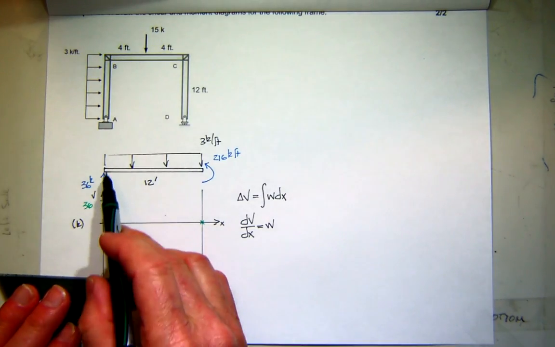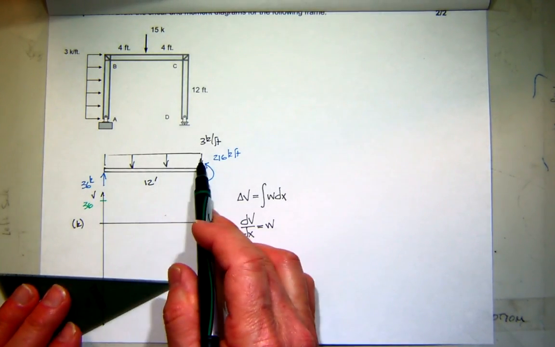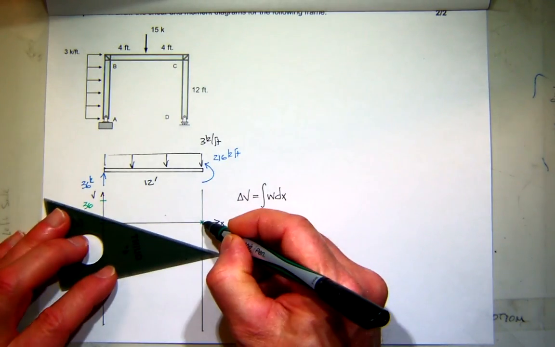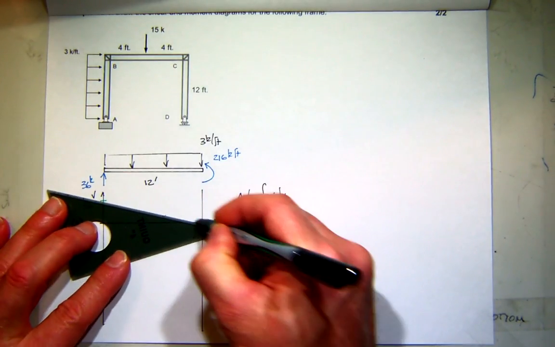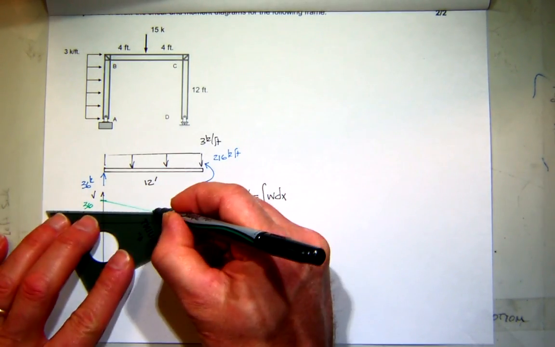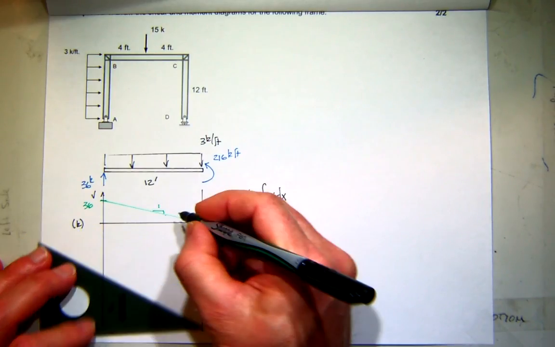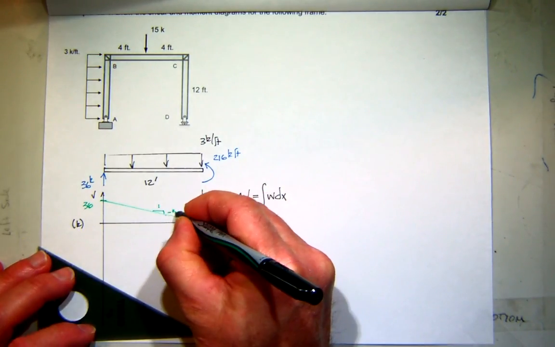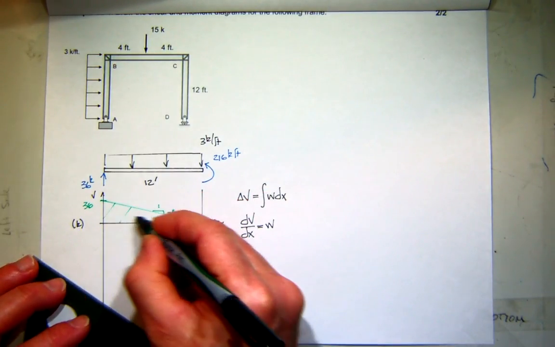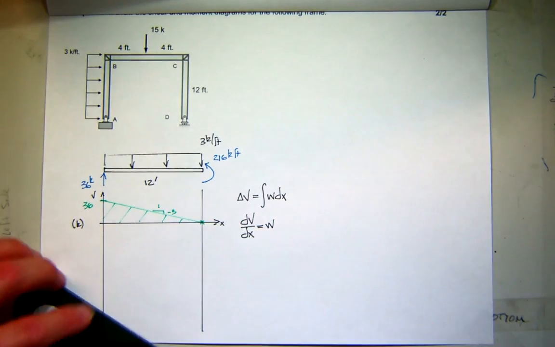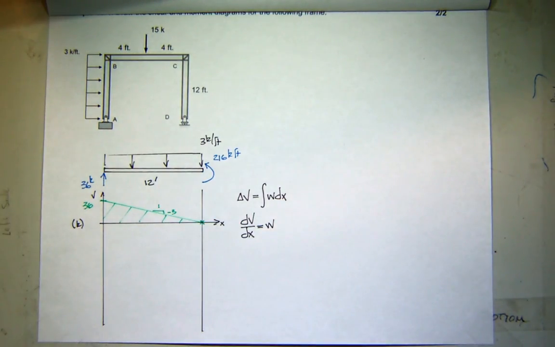And you can look at our loading diagram and you can see that it's constant. So that's a constant slope, and it's negative. So here's my estimation of a constant negative slope. In fact, if I wanted to write it, it would be 1 to negative 3, and it would be this linear shape. Okay?